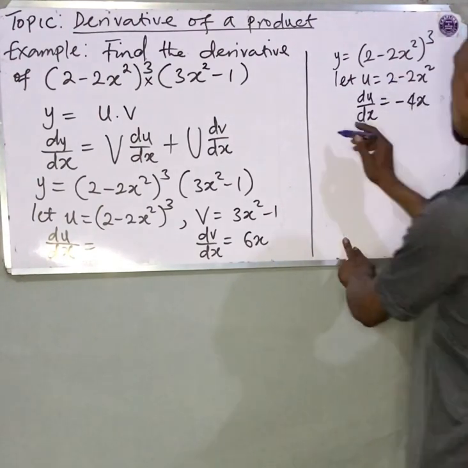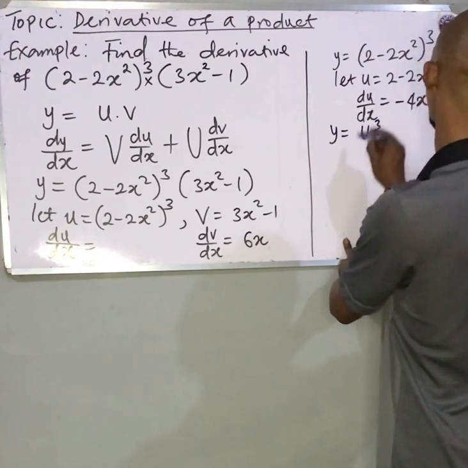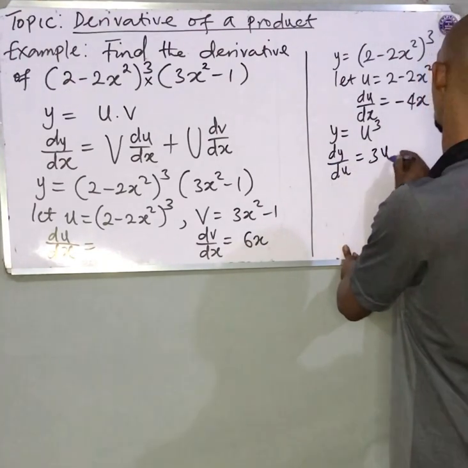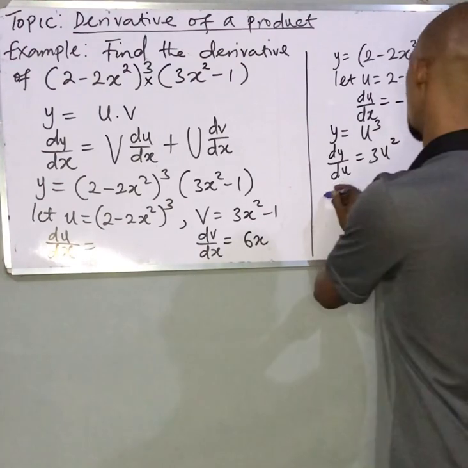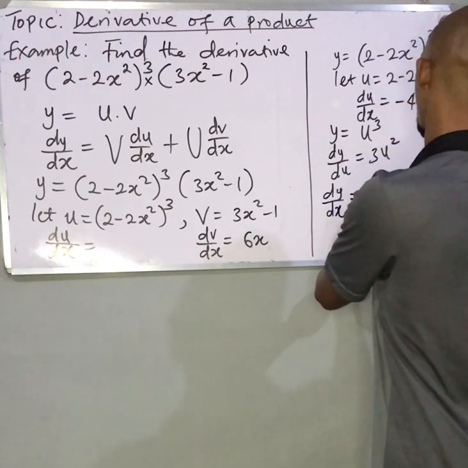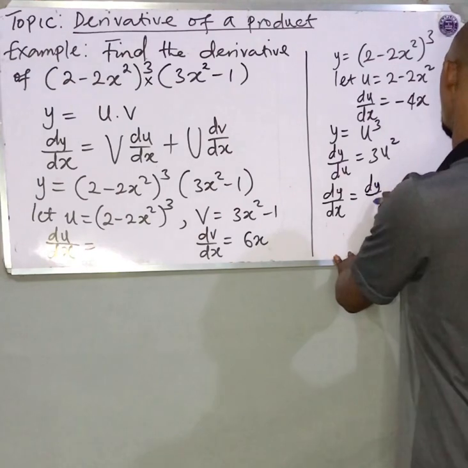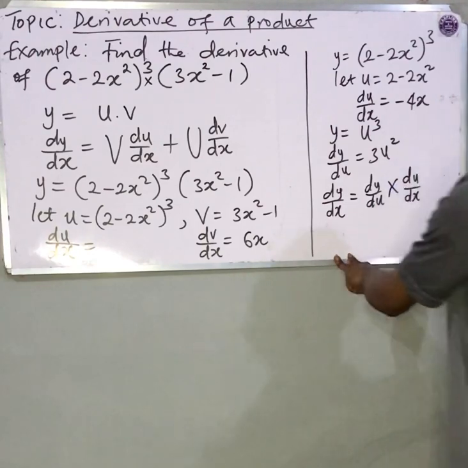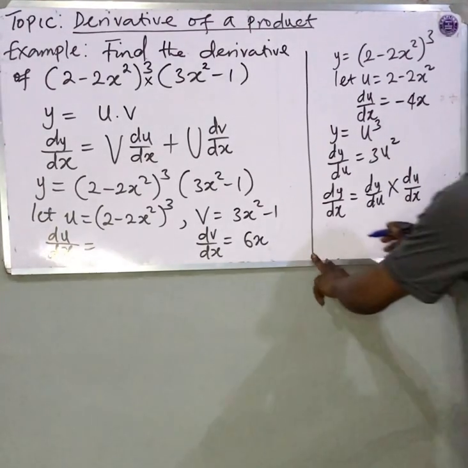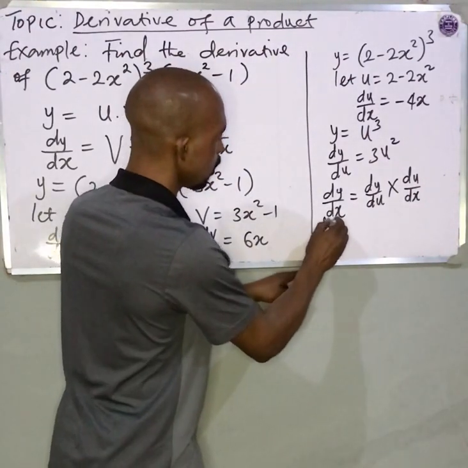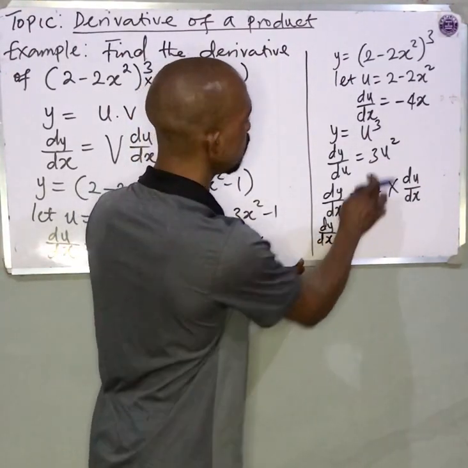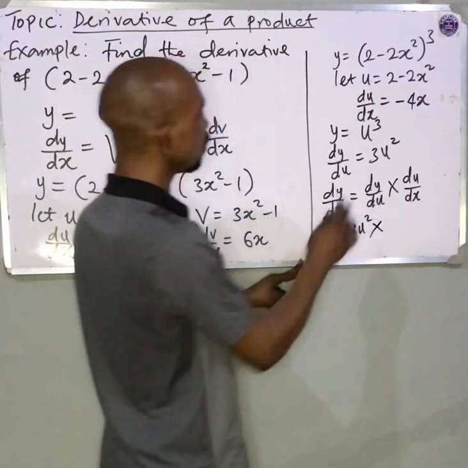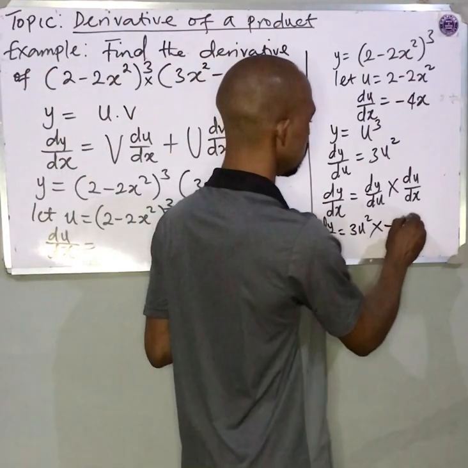Now our y equals u raised to power 3, so my dy/du will be 3u squared. When we have this, we'll say dy/dx will be dy/du times du/dx. So dy/dx is 3u squared times my du/dx, which is minus 4x.